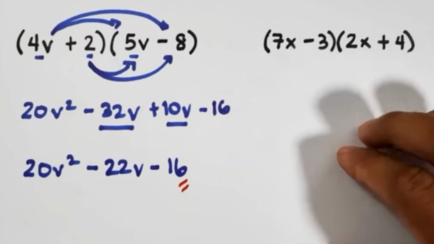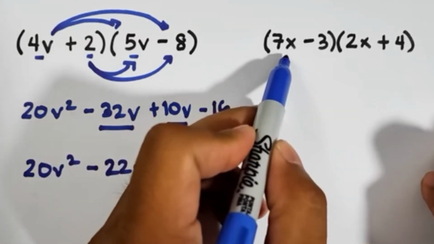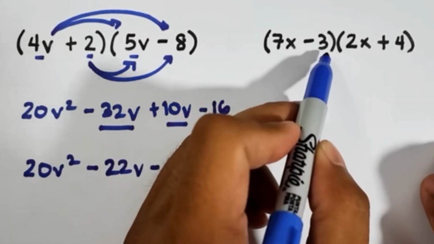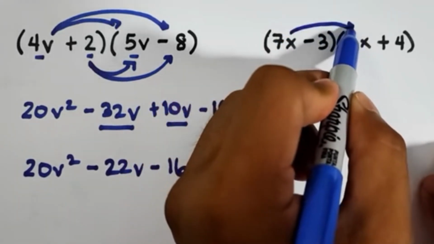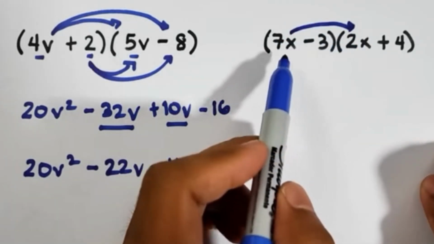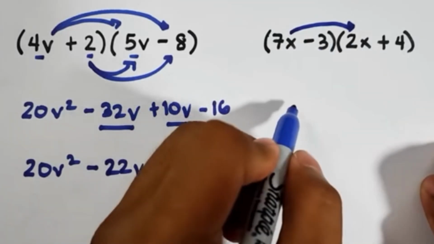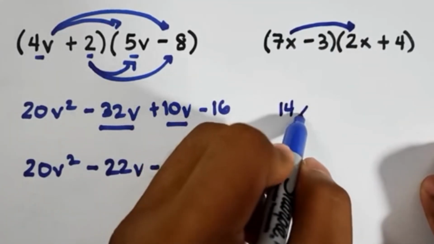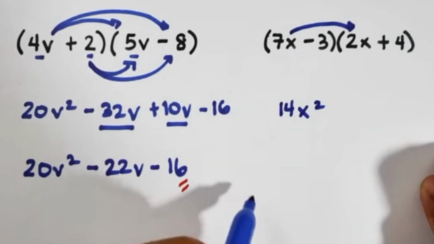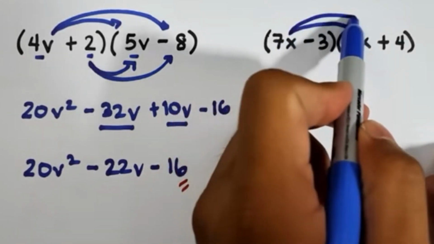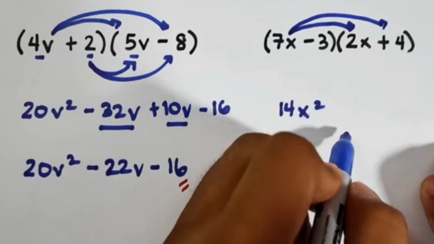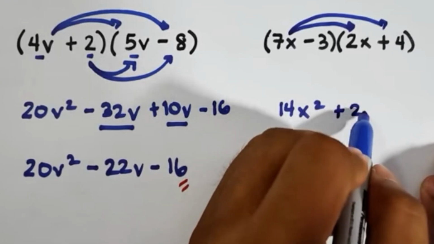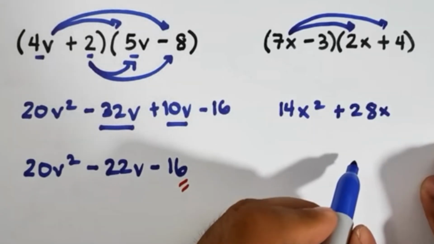And let us have the last example. 7x minus 3 times 2x plus 4. Multiply these numbers. 7x times 2x is 14x squared. Next, 7x times 4. 7 times 4 is 28, with x, plus 28x.